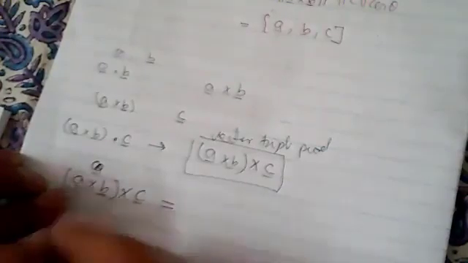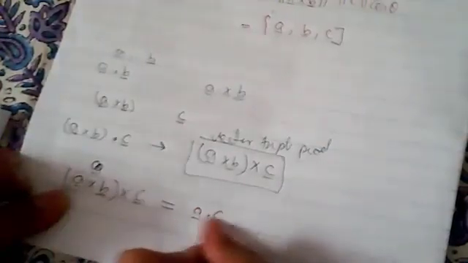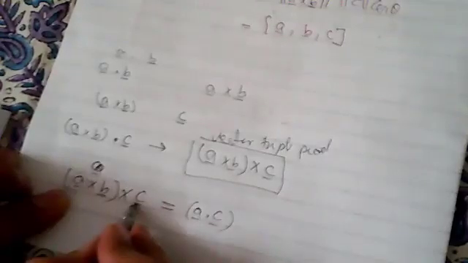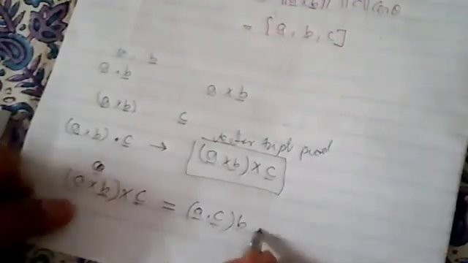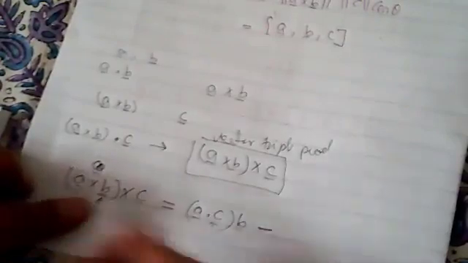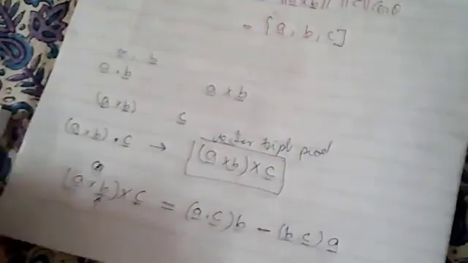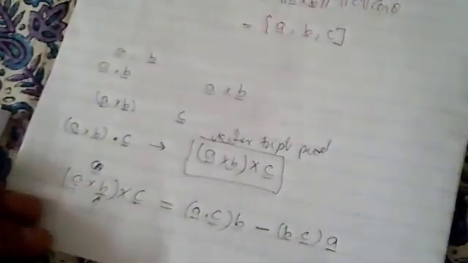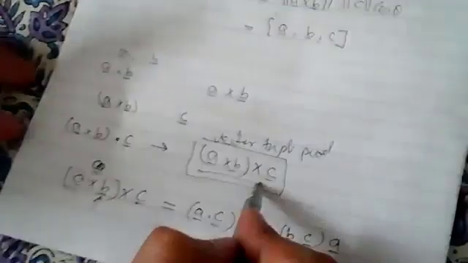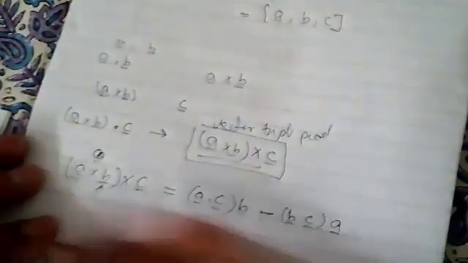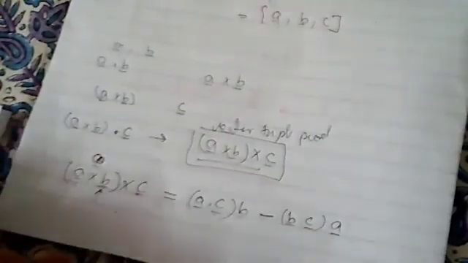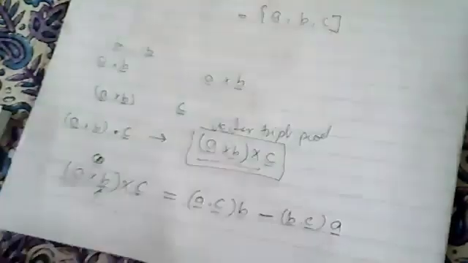You take the dot product of the outside vector with the first and the second, minus the second one dotted and then the first. So this is a relation for the vector triple product. You can directly find it by using the property of cross product, or by this second method. So that's the story about the dot and cross product of two vectors and three vectors.